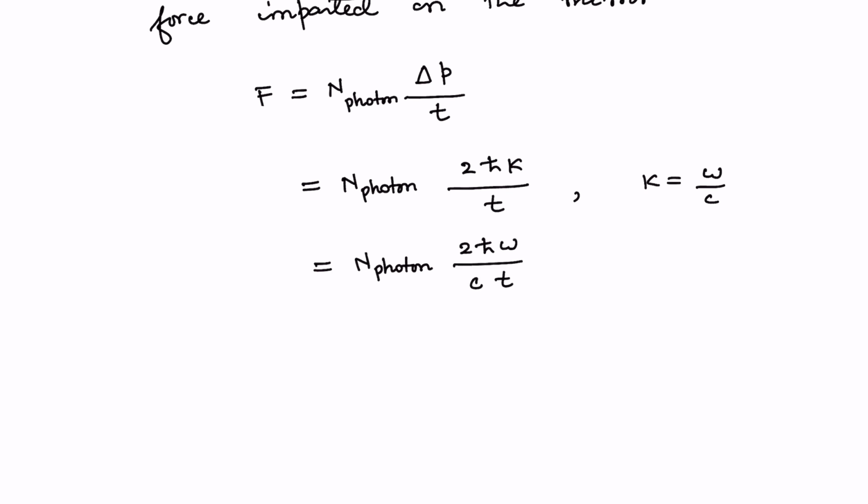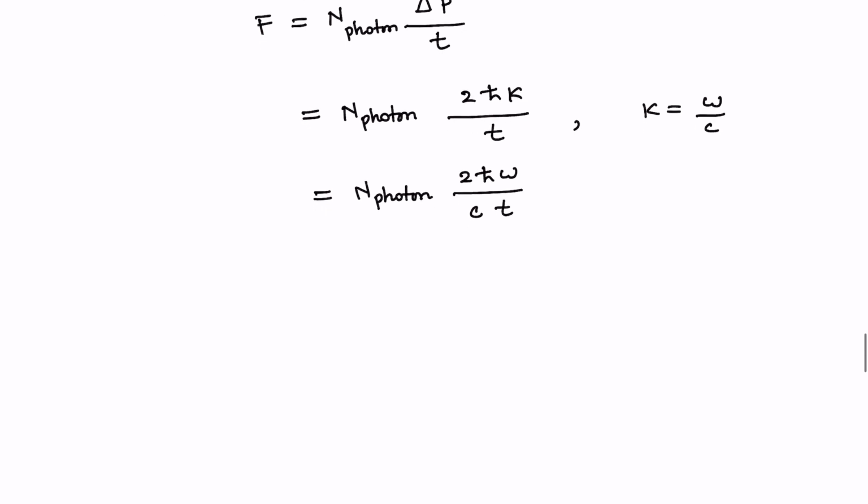You know that h bar omega is the unit of energy, so basically you have energy per unit time, that gives you the power. So from here you can easily make out that force is equal to 2 times power divided by c. Here c is the speed of light, and P is the power of the radiation.